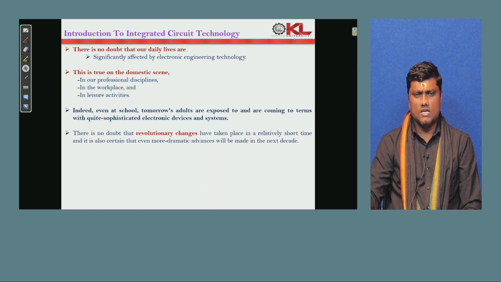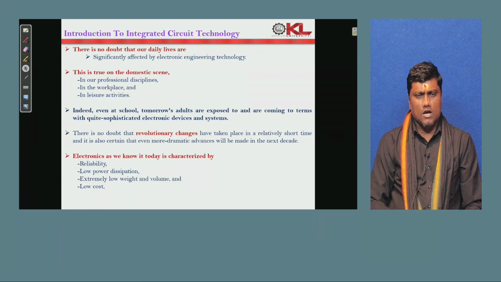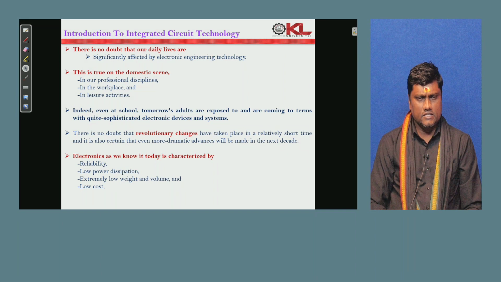A revolution happened in electronics way back in 1947, and in the few decades since, a lot of electronic devices have been developed. Today electronics is characterized by device reliability, low power dissipation, and extremely low weight, volume and cost.